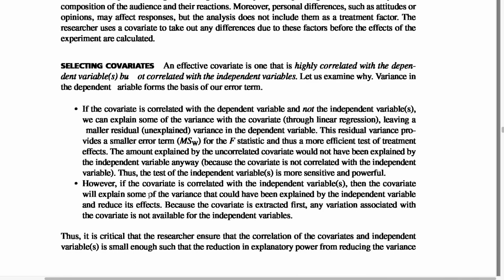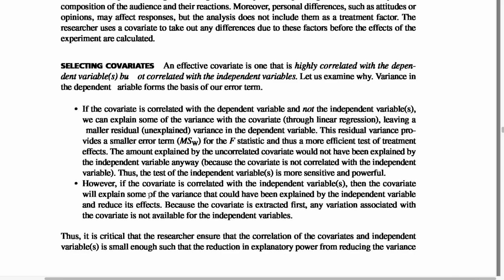If the covariate is correlated with the dependent variable and not the independent variable, we can explain some of that variance with the covariate through linear regression, leaving a smaller residual unexplained variance in the dependent variable. This residual variance provides a smaller error term, MSW, for the F statistic, and thus a more efficient test of the treatment's effect.